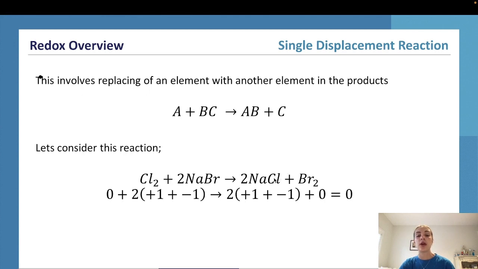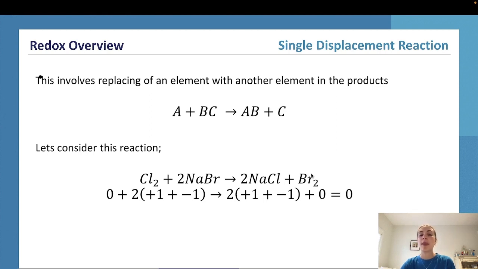Then chlorine, going on to rule 7, we know that our group 17 elements are going to have a charge of -1. So sodium is staying as +1, but chlorine is changing to -1. So chlorine goes from 0 to -1. So it's gaining 1 electron.